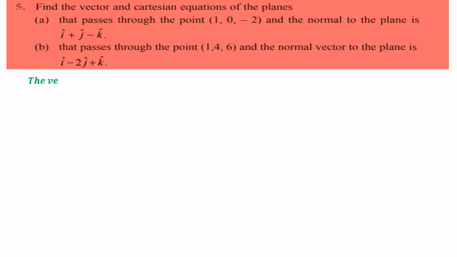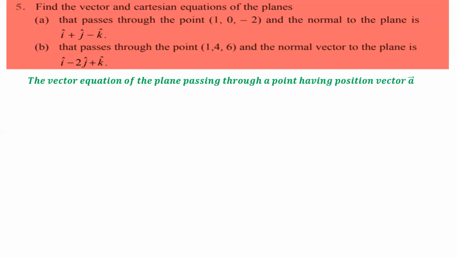Now we know that the vector equation of the plane passing through a point having position vector a and normal to another vector n is (r vector minus a vector) dot n vector equals 0.